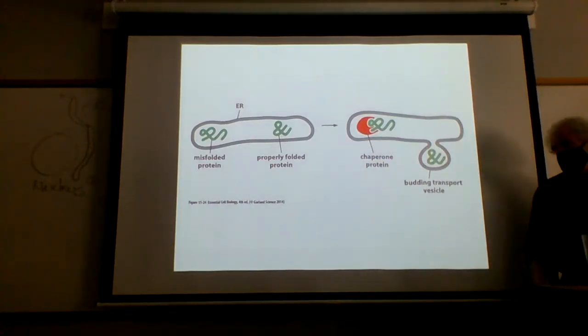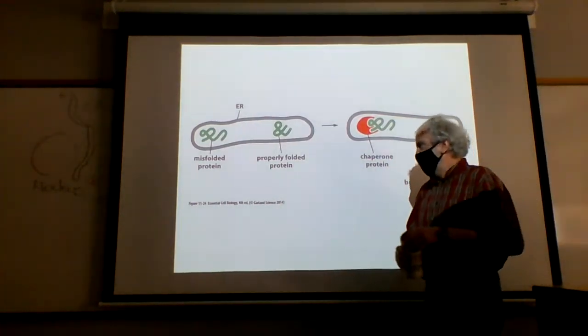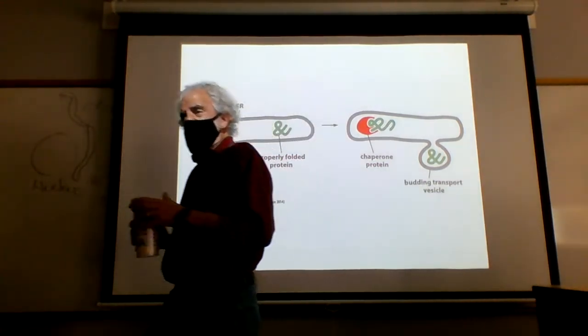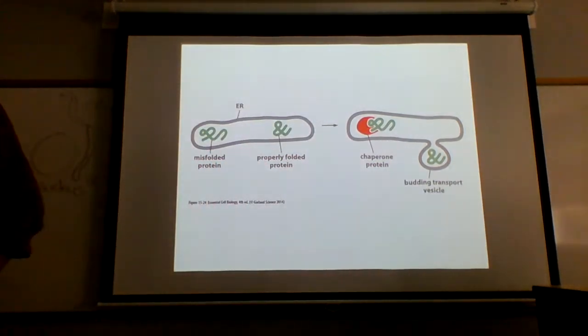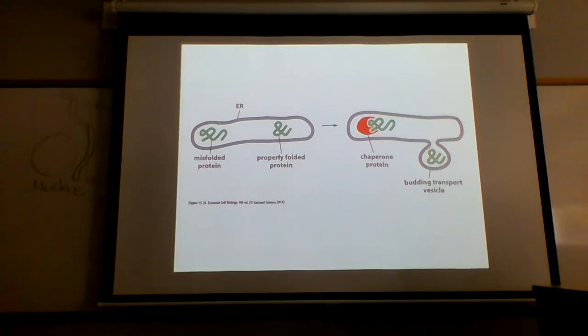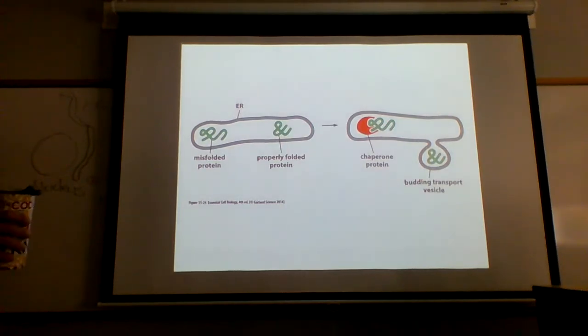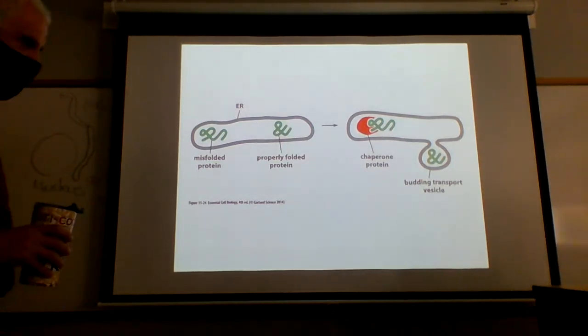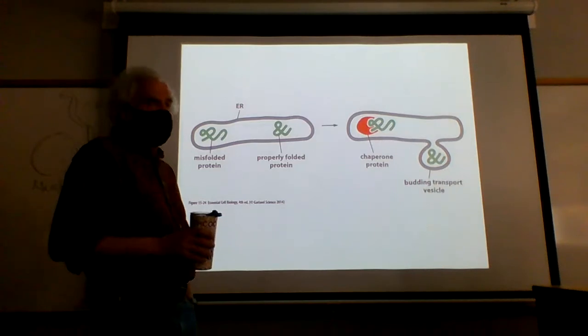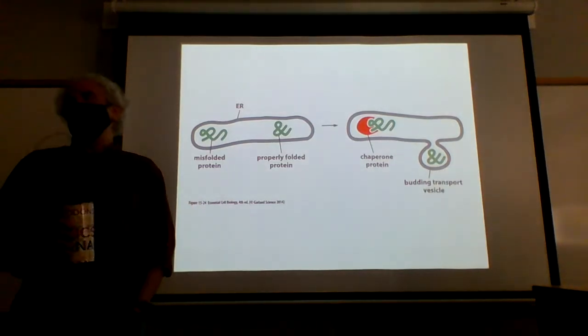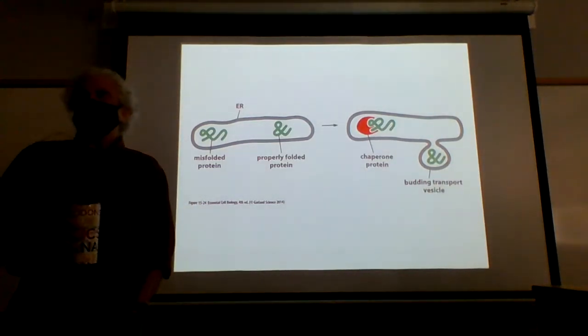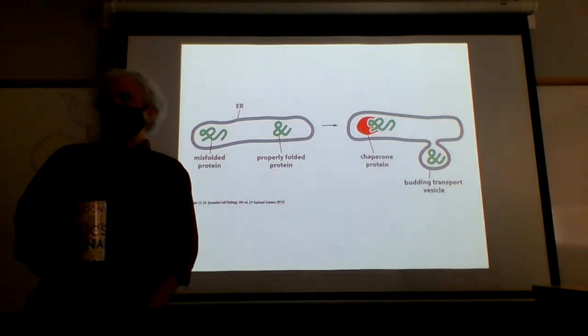And so we talked a little bit about protein folding, just to throw this out as well. The ER is the place where protein folding happens. Protein folding is becoming an increasingly critical idea in terms of how proteins work. Misfolded proteins are bad news. Misfolded proteins are responsible for mad cow disease. Misfolded proteins are responsible for Huntington's disease. Misfolded proteins are probably responsible for Alzheimer's disease.